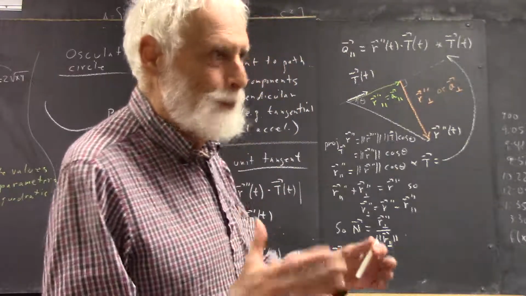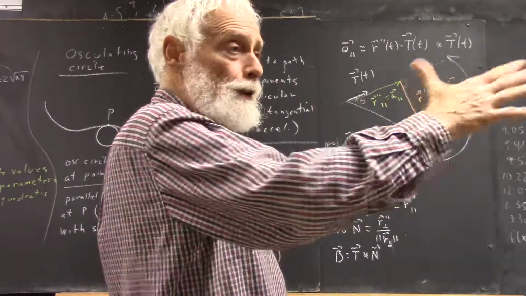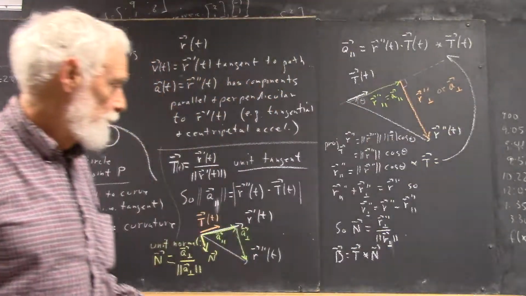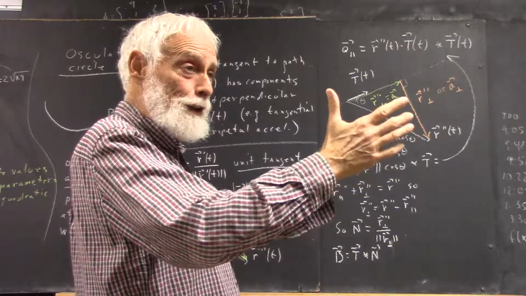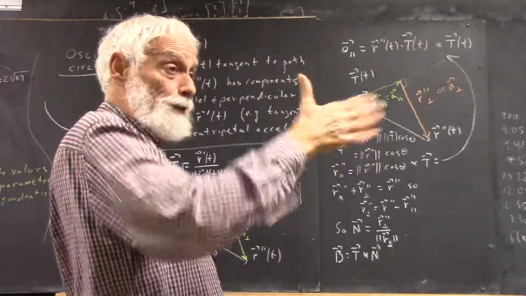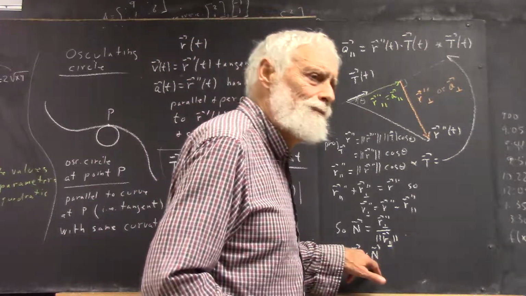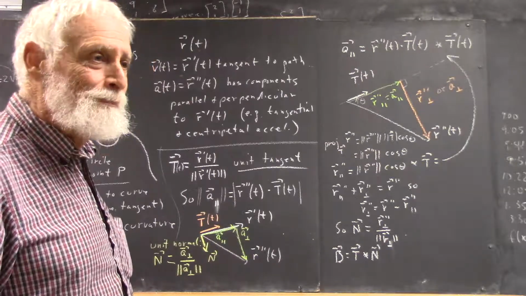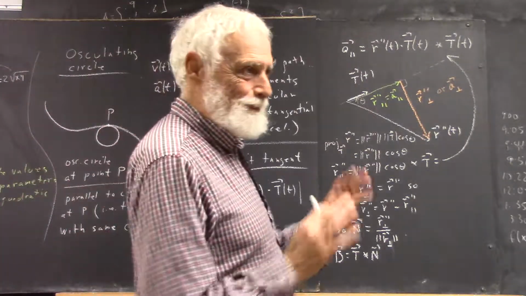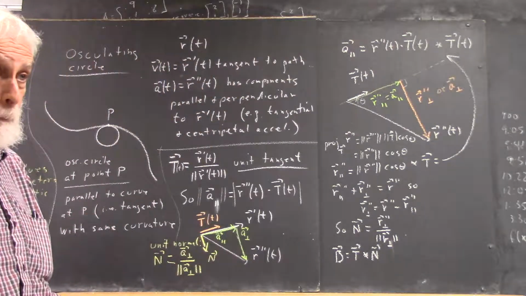But, you know, my intuition is, if I'm going in this direction, no, that would be T cross N, never mind. I confused myself. Okay? My intuition is going in this direction, turning in this direction, the binormal is there, T cross N. And somehow I thought that was opposite to my intuition, because I can't tell the difference between opposites. Okay, until I check myself out. Okay, so we've got that, B equals T cross N, right?